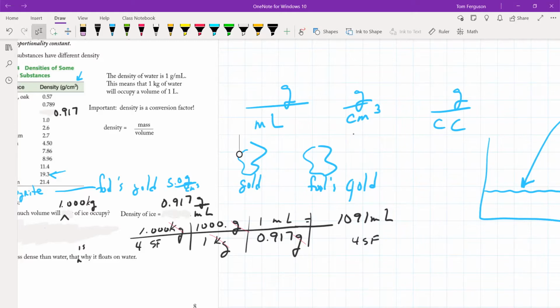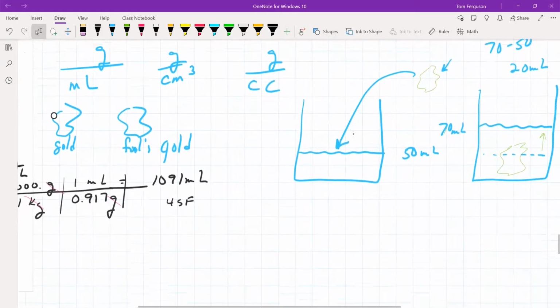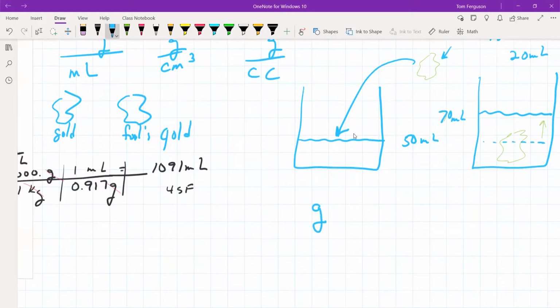So now we have mass, and we have volume from the water displacement, and they just calculate that.